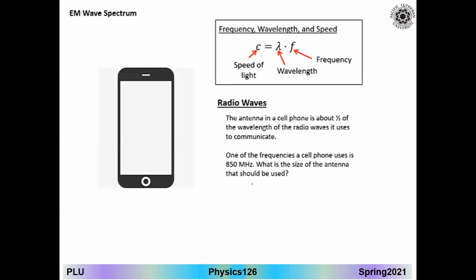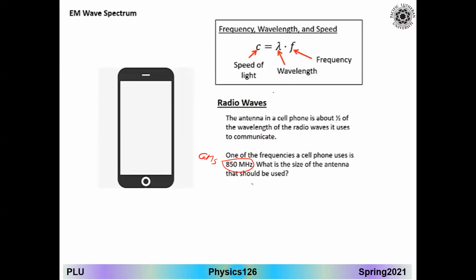So here is an example for that. In your cell phone we have the antenna, and the antenna size can be calculated based on the operating frequency of your cell phone. For example, cell phones usually work with what we call GSM, Global System for Mobile, and here the frequency is 850 megahertz.